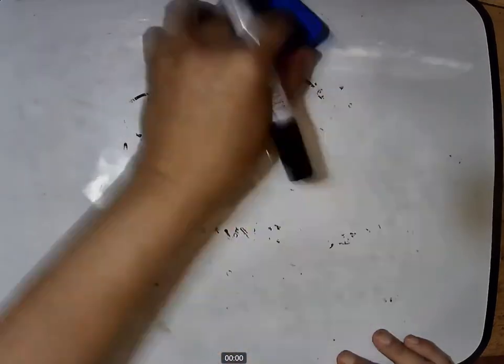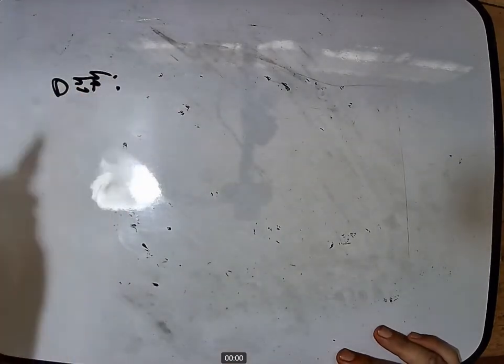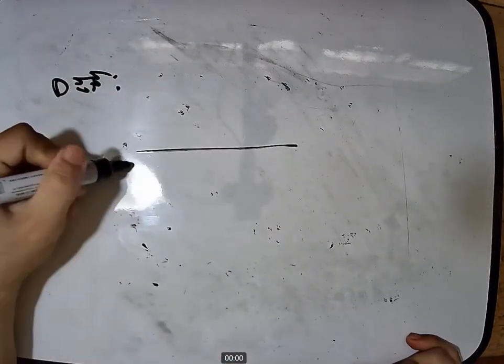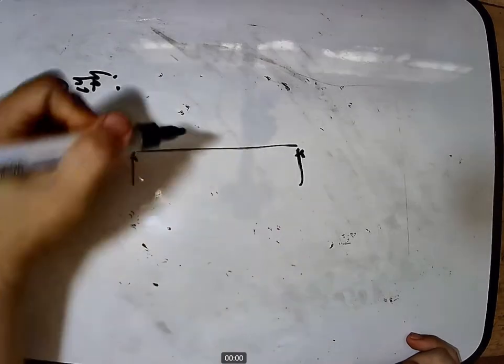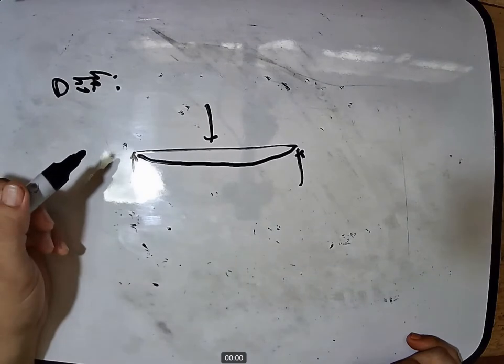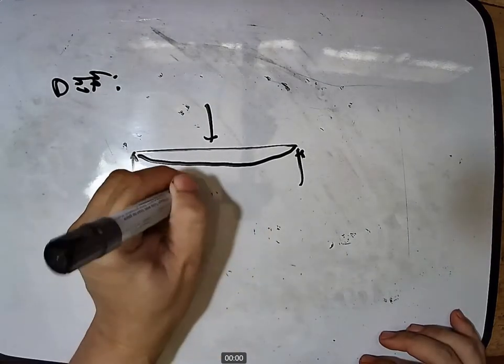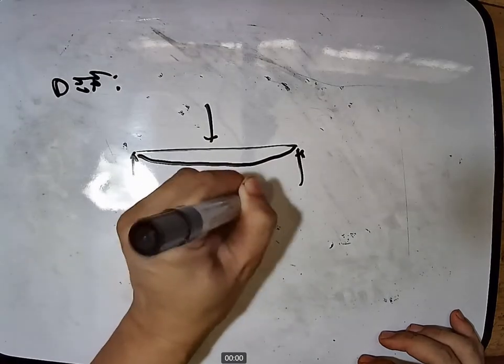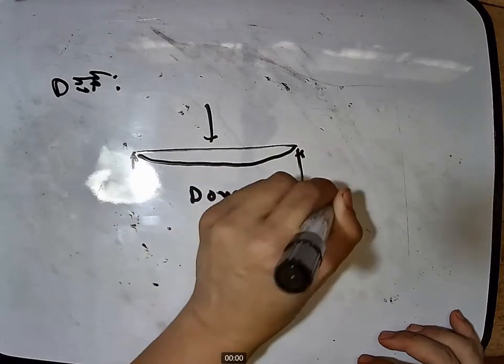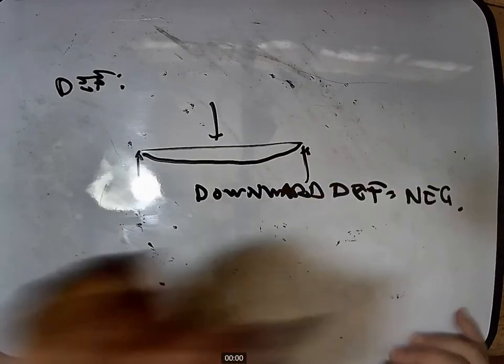Okay, next is deflection naman tayo. Let's take the case of a beam. Kapag naglagay ka ng load, magde-deflect siya pababa. A downward deflection is considered negative.